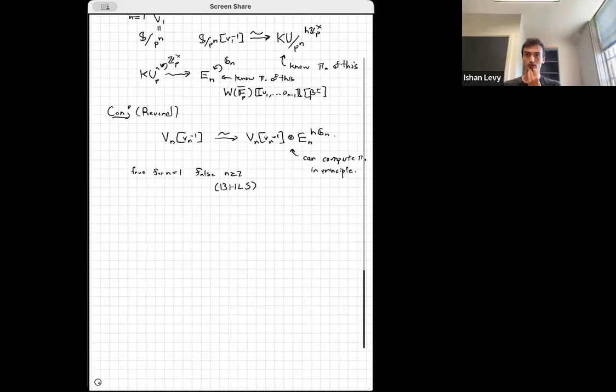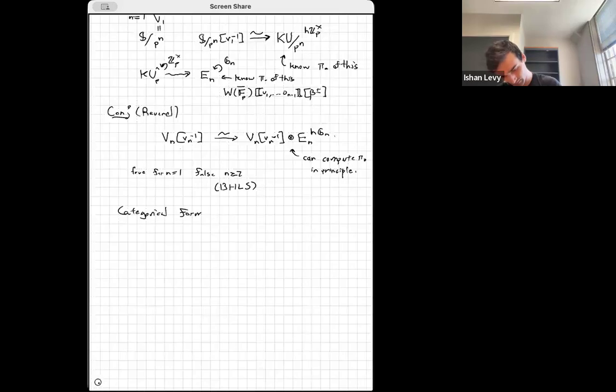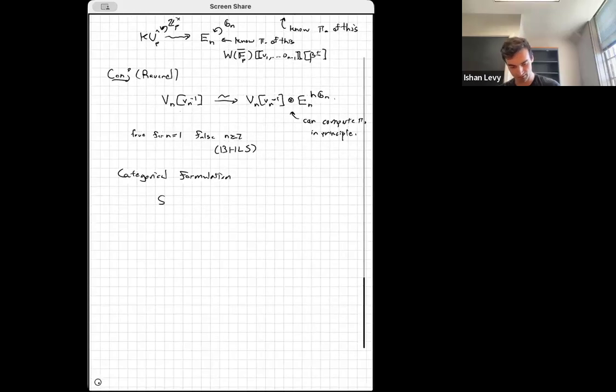Okay, so I want to explain a categorical formulation of this conjecture. The way I've motivated the conjecture is in terms of certain parts of the homotopy groups of spheres, but there's a way to think about it categorically. As follows. You can start with the category of spectra, and there's this symmetric monoidal localization of it called the T_n local category. And the localization I'll denote as sub T_n.